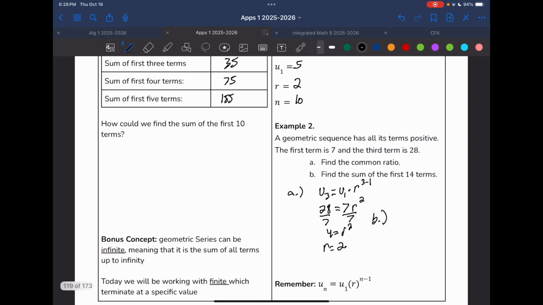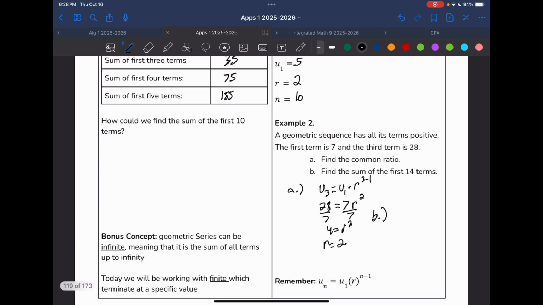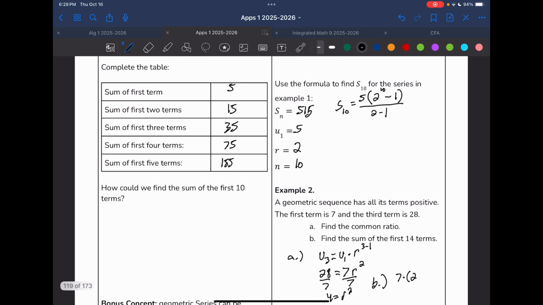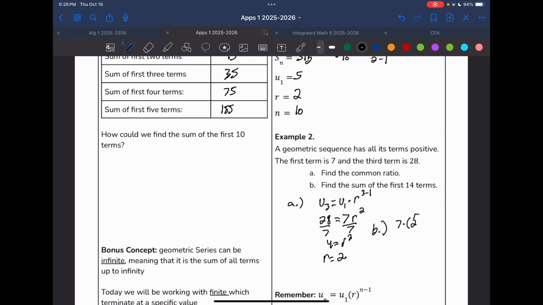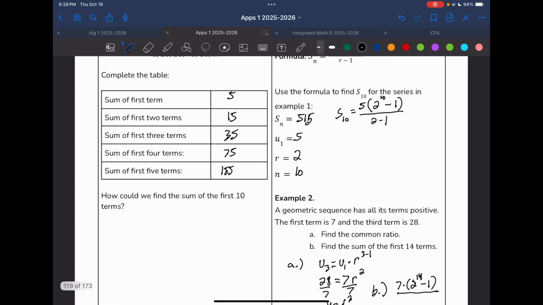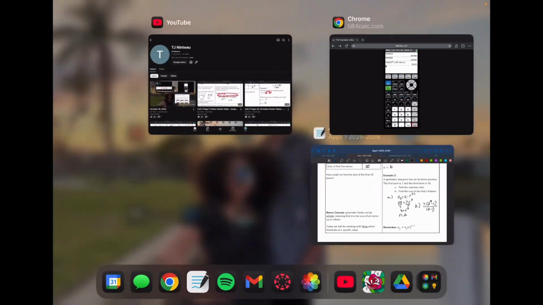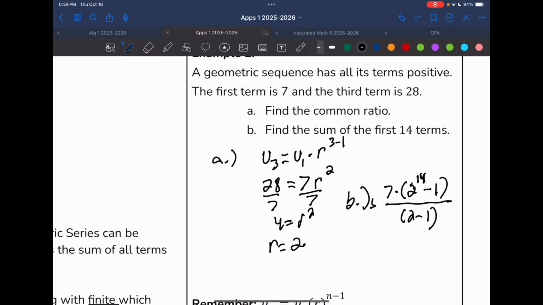We're just going to use our formula up here. So U1 is 7 times our common ratio 2 to the 14th power minus 1, all of that over r minus 1. So all of that over 2 minus 1. Right, and this is S14.